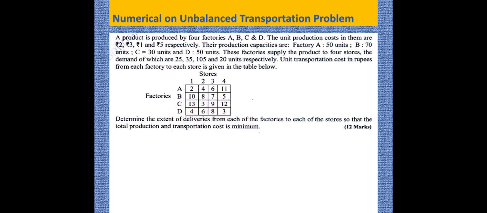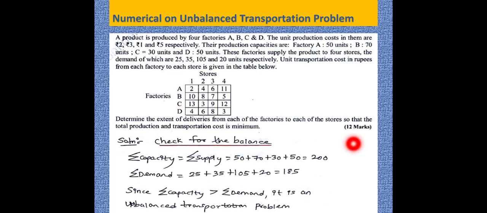So let us check first whether the given problem is a balanced transportation problem or not. Here the summation of capacity or supply, which is the units produced in the factories, is 50 plus 70 plus 30 plus 50, which is 200.